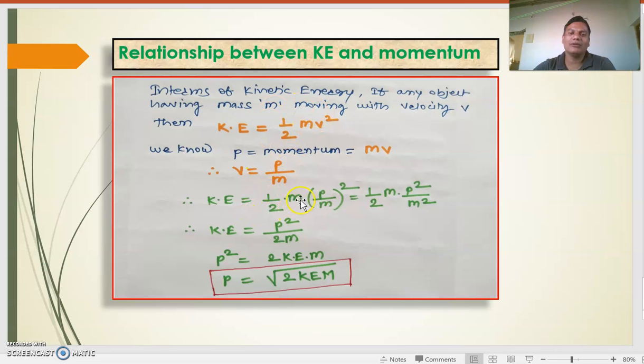You will get half into m, put for v, that is p by m, squared. It becomes p square upon m square. So one m gets cancelled. It is simply p square by 2m. So p square is equal to 2m into k, or momentum is equal to the square root of 2 into k into m. On this equation, we have to solve numericals in our next lecture. So thank you.